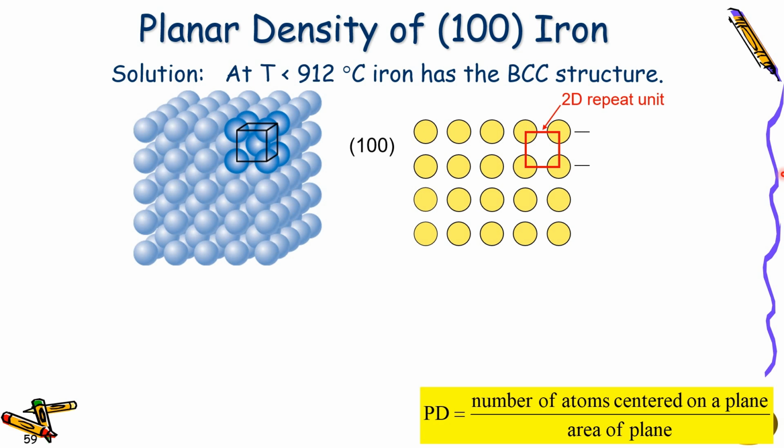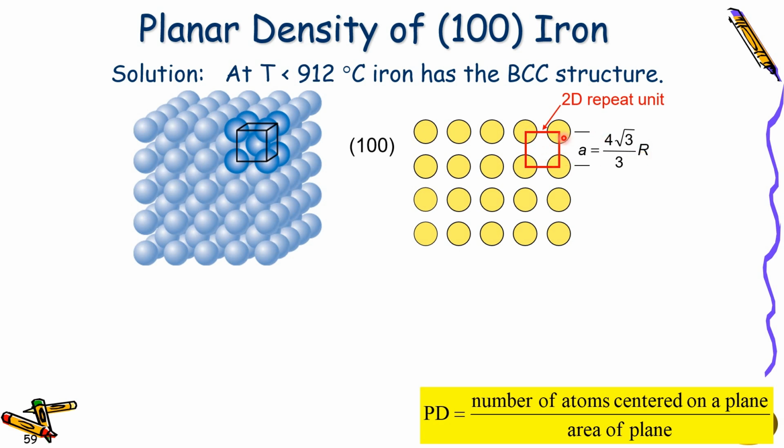You understand this is the radius r, and the relationship between edge length and radius. In your final exam paper, I will give you the radius of the iron at room temperature. So you already know this number.